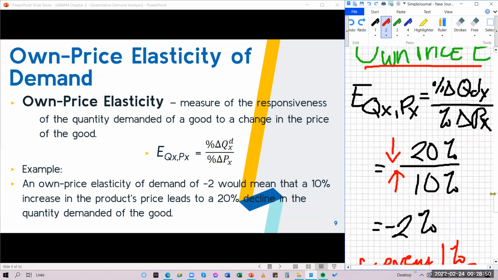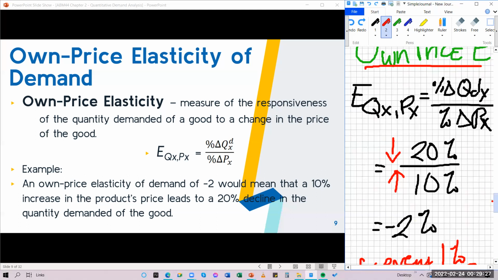As you can see in the example, a 10% increase in the price would lead to a 20% decline given it is negative. And the absolute value is only 2, so greater than 1. That means if it is greater than 1, a small change in the price will lead to a big change in the quantity demanded. So that is the example.